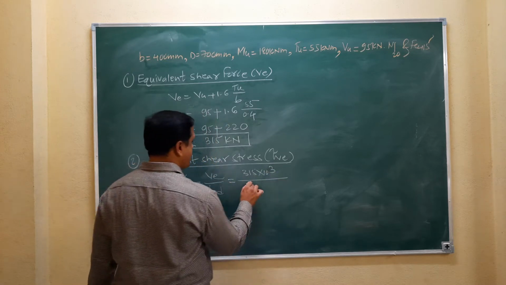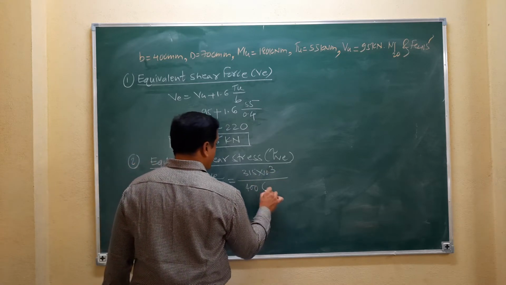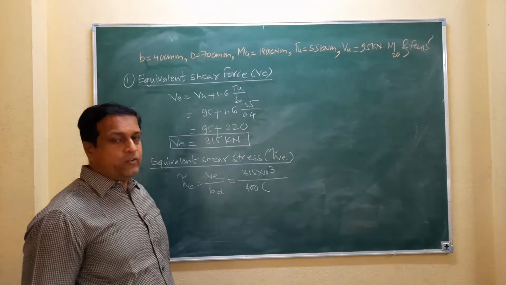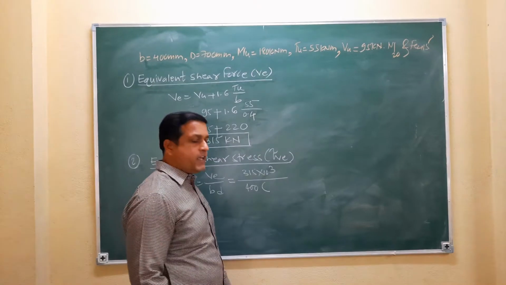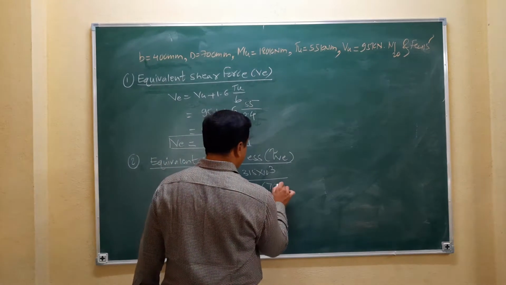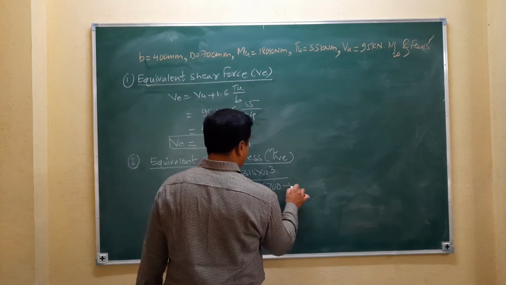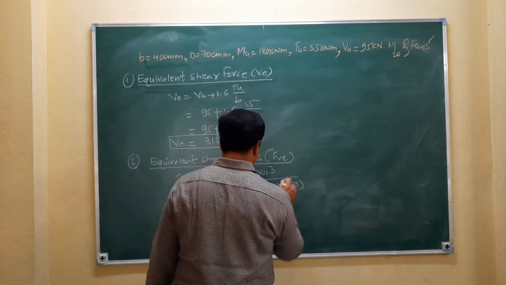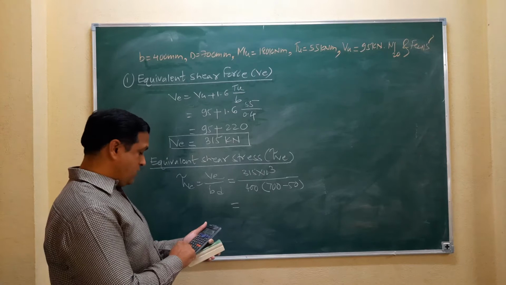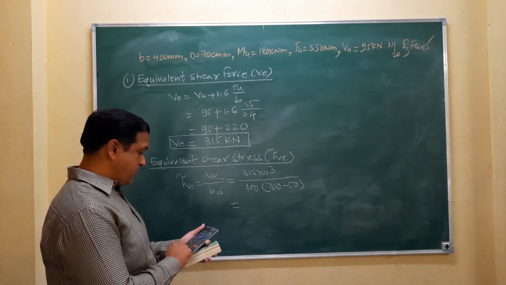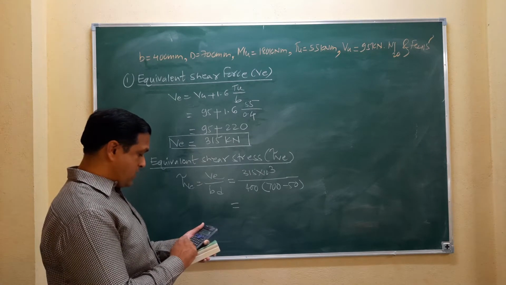Width of section is 400, but you have to put here the effective depth. The effective cover given in question is 50 mm. So 700 minus 50, so your effective depth is 650. So 315 into 10 raised to 3 divided by 400 into 650.